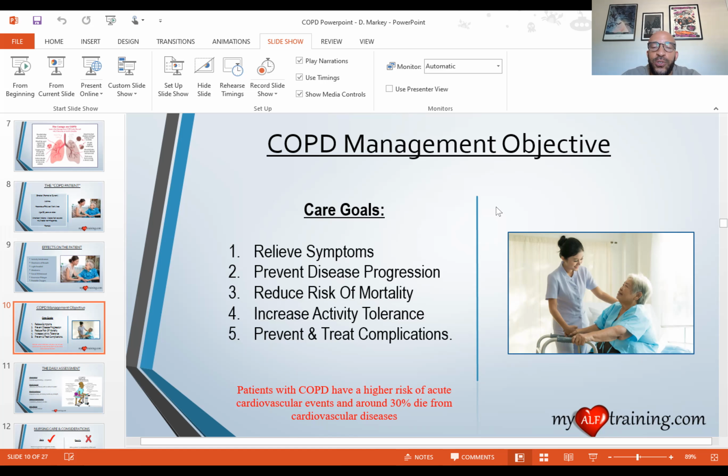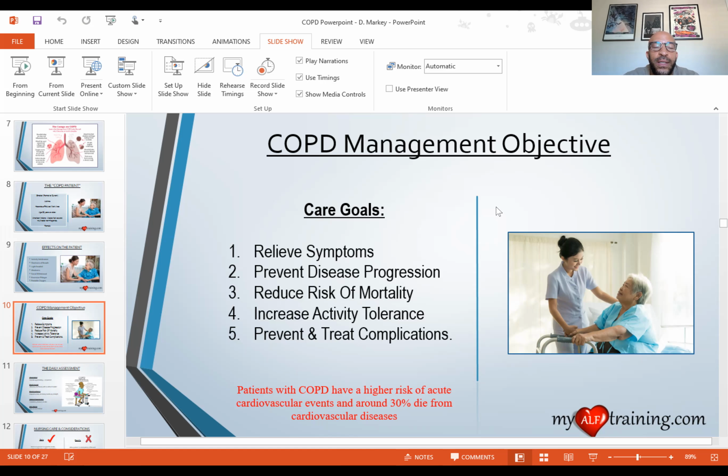I showed you guys the article by the CDC in one of the previous slides, COPD hiding in plain sight. And it said that COPD was the third highest cause of death in the United States in 2014. So this patient is at a high risk, and that risk is associated because patients with COPD, as we said, they have activity intolerance, they're not moving around as much.